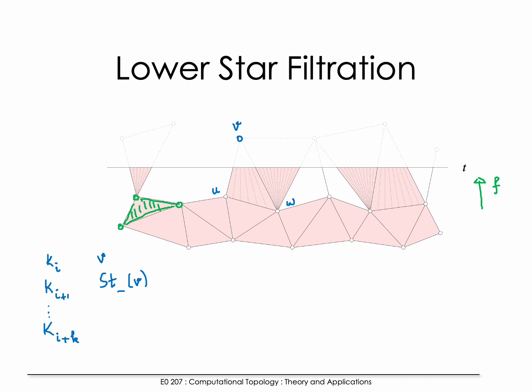So we have inserted V. So before we can insert a triangle VUW, we need to insert the edge UV and the edge VW, after which we can definitely insert the triangle UVW. So this filtration, since it inserts V followed by its lower star, is called the lower star filtration. Now you can see that the lower star filtration will give us this sweep over the entire simplicial complex.